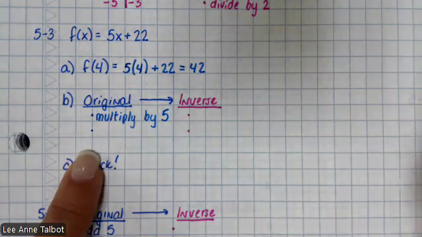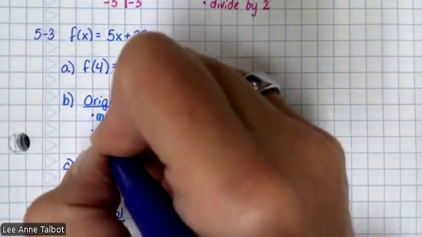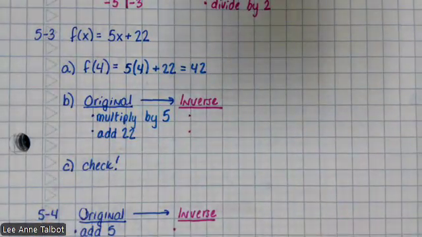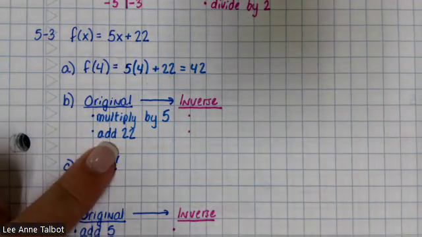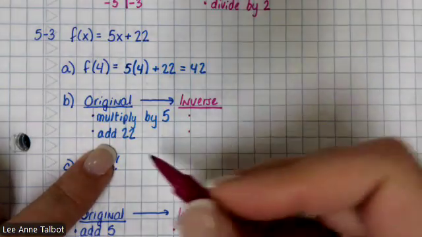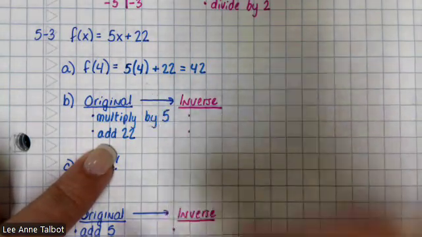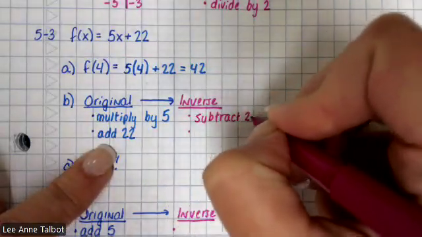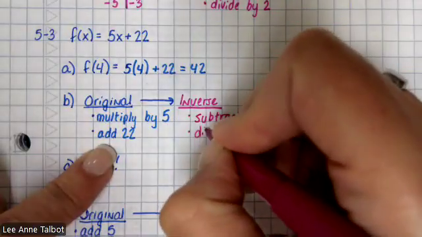And then add 22. Okay, kind of, except for you've got to go backwards from the outside. So you have to take the bow off first, right? So we have to undo in this direction. So subtract 22, divide by 5.